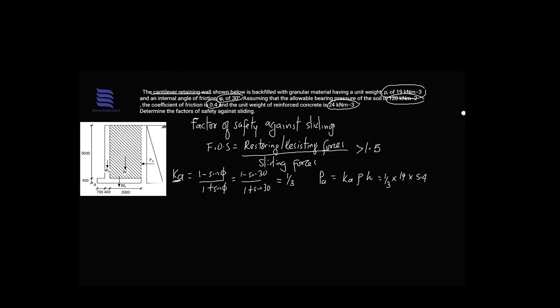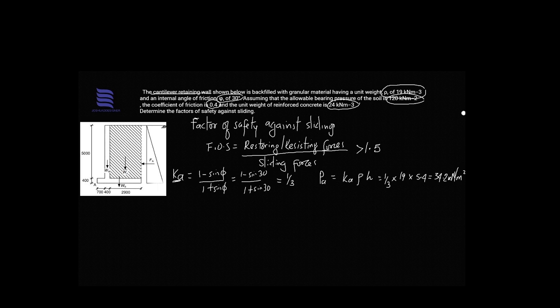We have this height given here as 5 meters, then we have 400 millimeters. So that is going to give us in total 5.4 meters. So the active pressure we'll have now would be 34.2 kilonewton per meter square.